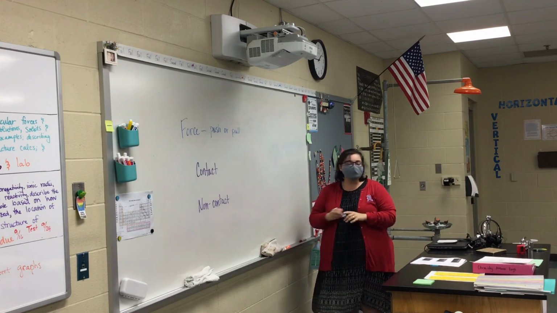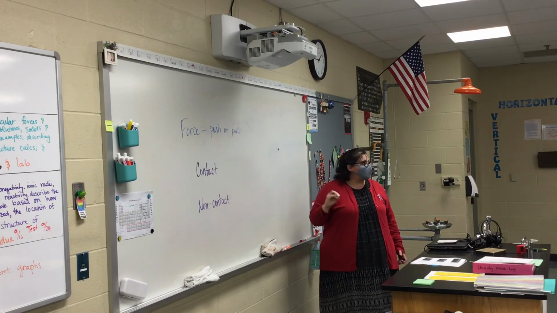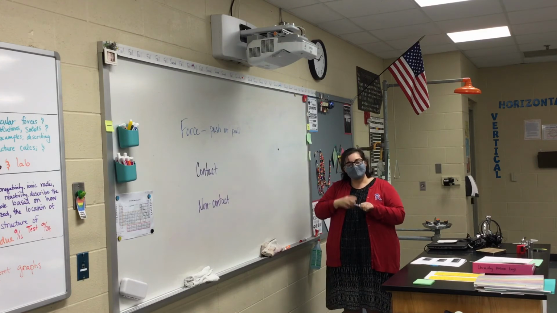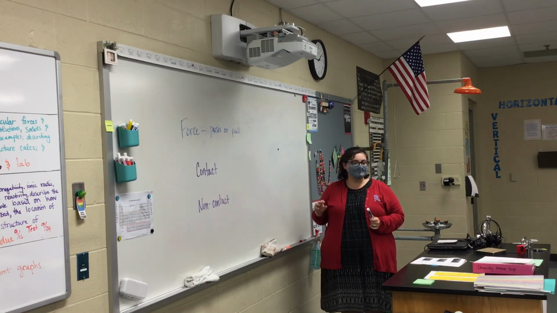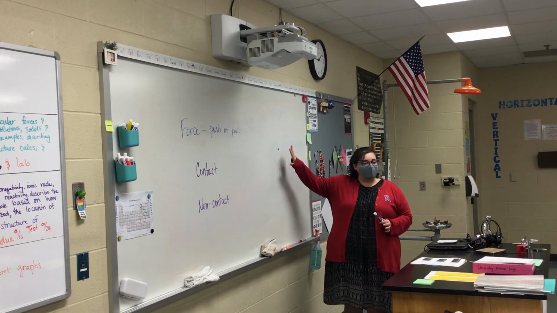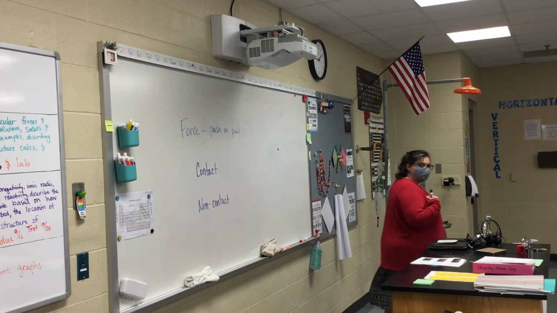So when we draw a force diagram, we're going to start with a dot that represents our object of interest. Gage: So, are you saying that we have to first describe what it looks like to determine? No, we're always going to start with a dot, and we're going to assume that that's the center of mass of that object.